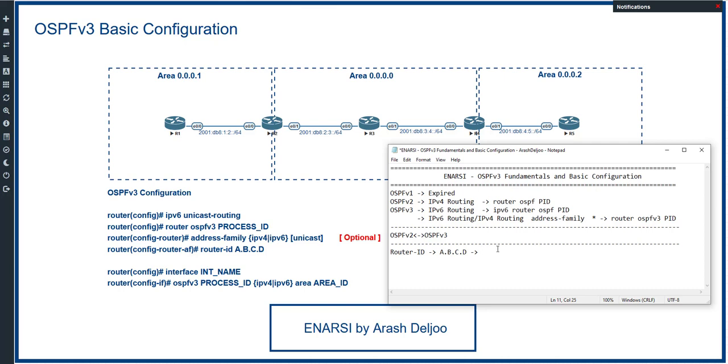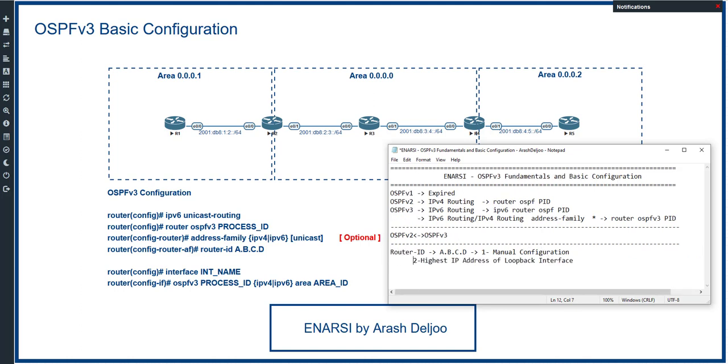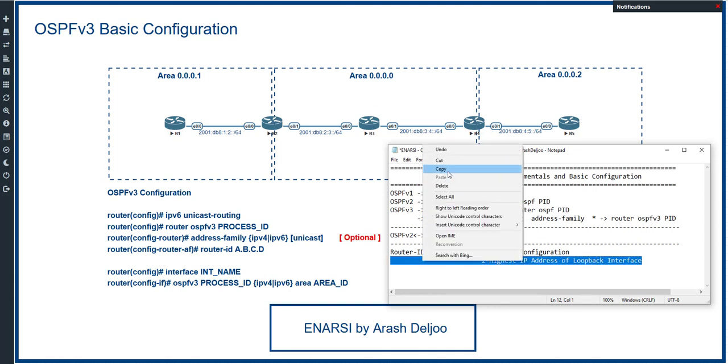Actually, we can say that the first priority for the router ID is the manual configuration. If you don't configure the router ID, and if we have a loopback interface with an IPv4 address, the highest IP address of the loopback interfaces is the router ID. And if we don't have any loopback interface, the highest IP address of a non-loopback interface is the router ID of the router.